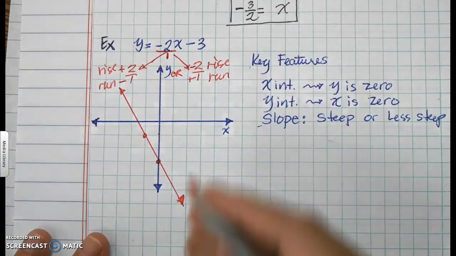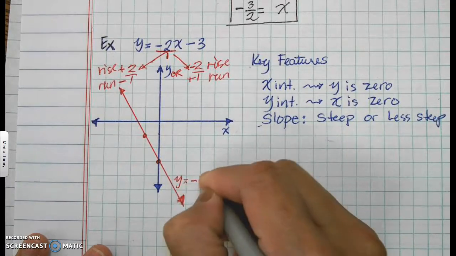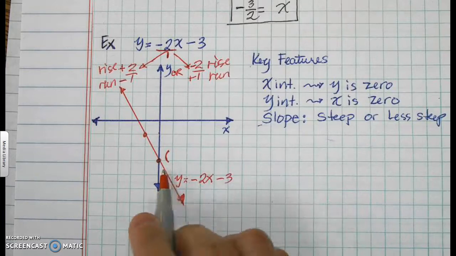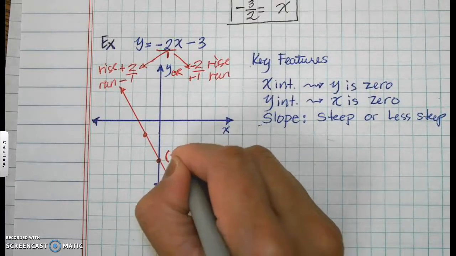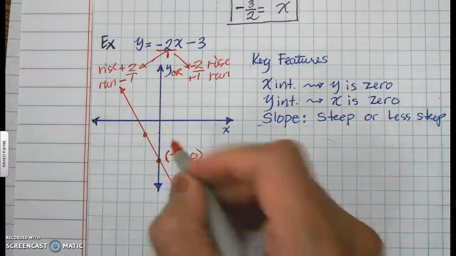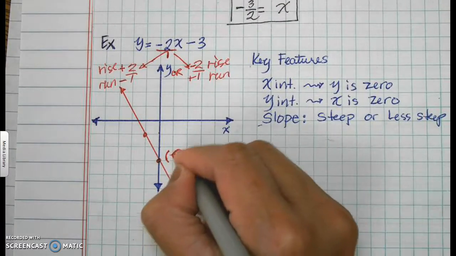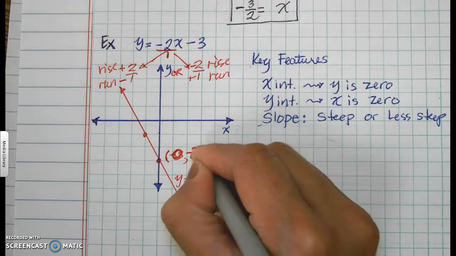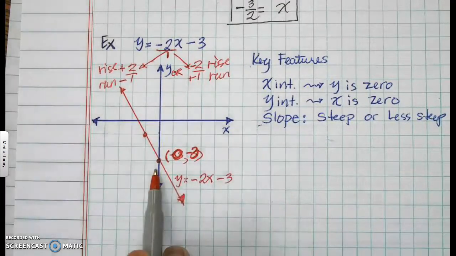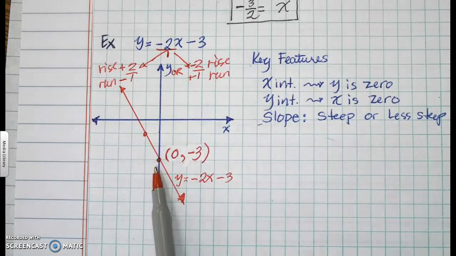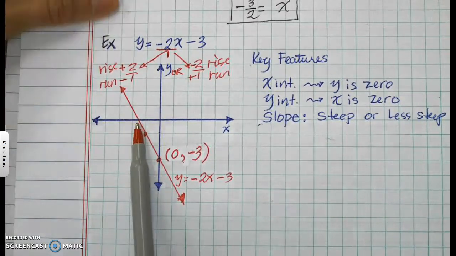Do not forget to name your line, so that's y equals negative 2x minus 3. And the coordinates of the y-intercept are negative 3 comma 0. Again, the y value, I'm sorry, this is 0, my bad, 0, negative 3. The x value is going to have to be 0 because you're on the y-intercept. So that's your y-intercept and this is your x-intercept, but we need to solve it.